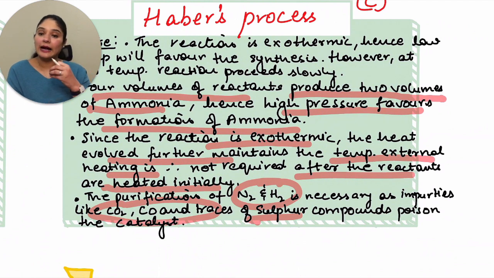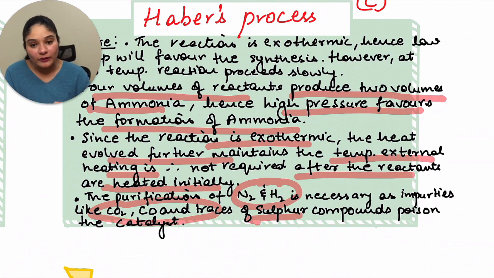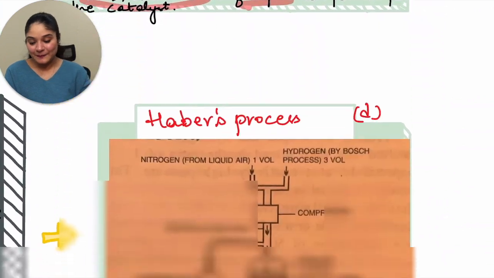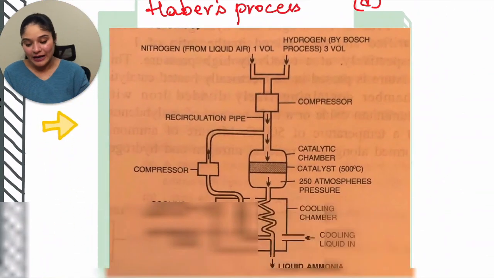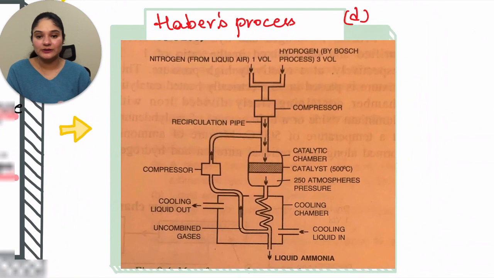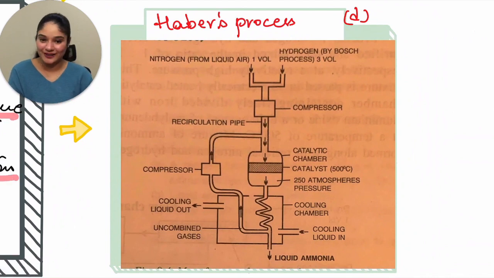And if the catalyst gets poisoned, of course, the entire process becomes very slow and inefficient. Therefore, it's important that nitrogen and hydrogen are properly purified before entering the process. Now, this is your diagram for Haber's process. You can take a look at this, and if you have doubts, you can ask in the comment section.